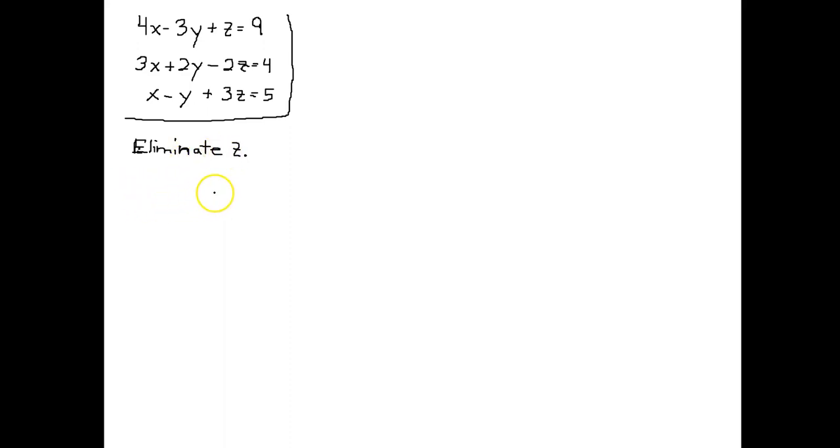let's eliminate z. Let me look at the first two equations here. I'm going to take the equations two at a time and eliminate z, and this is going to produce a new equation with just x and y. So I'm going to take 4x minus 3y plus z equals 9 and multiply that by 2.